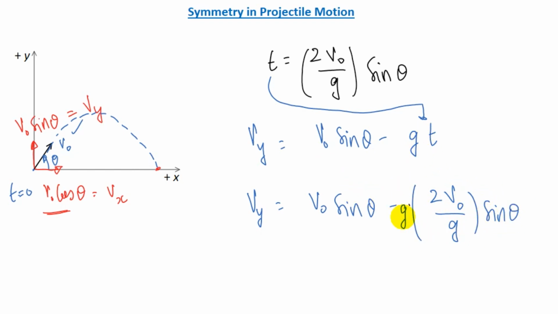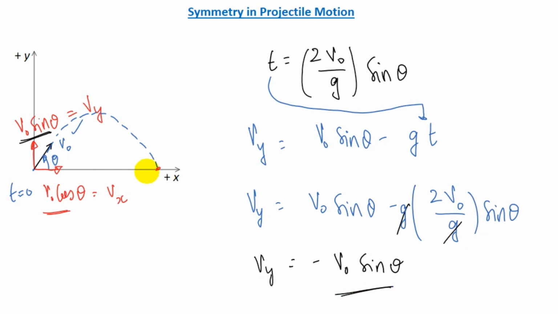So this g and this g will cancel, and this is minus 2v0 sine theta, and this is plus v0 sine theta. So this would become minus v0 sine theta, which is vy. And this is exactly the opposite of the y component of velocity when it was launched. You can see here, this is v0 sine theta, and here it is minus v0 sine theta. Exactly, the sign is opposite.